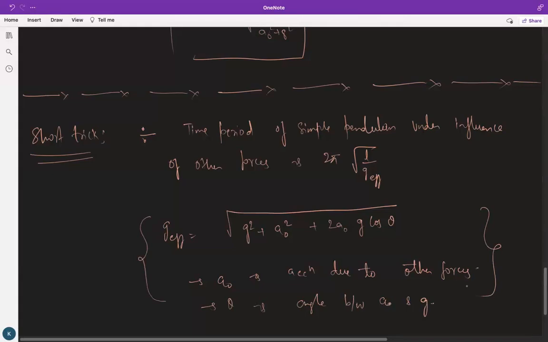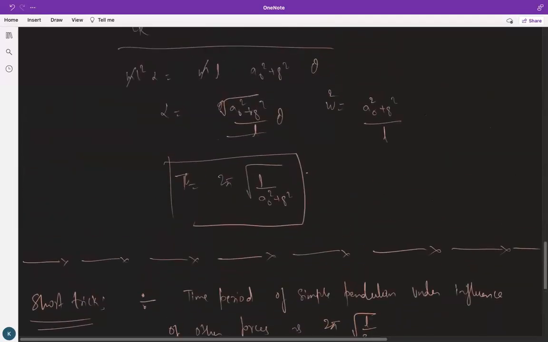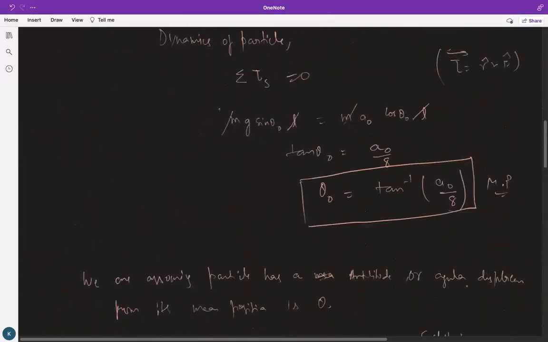You can write it directly if your simple pendulum is kept anywhere where it is under the influence of some other kind of forces. So let's try to verify in our previous system, right?